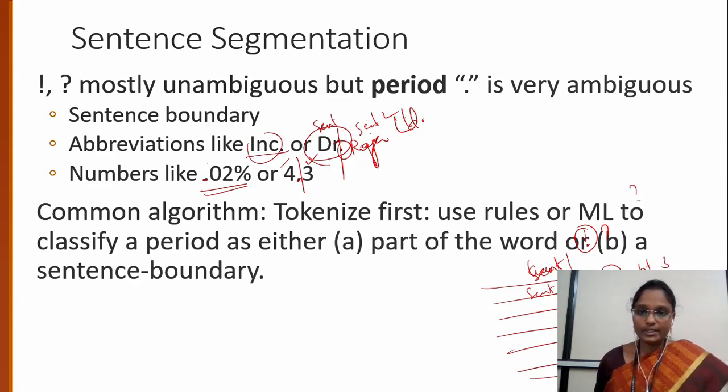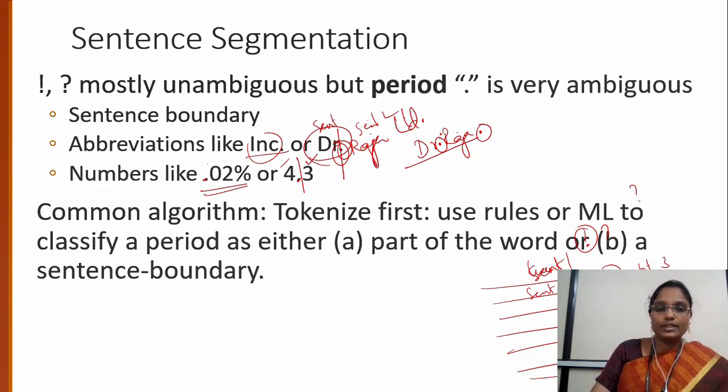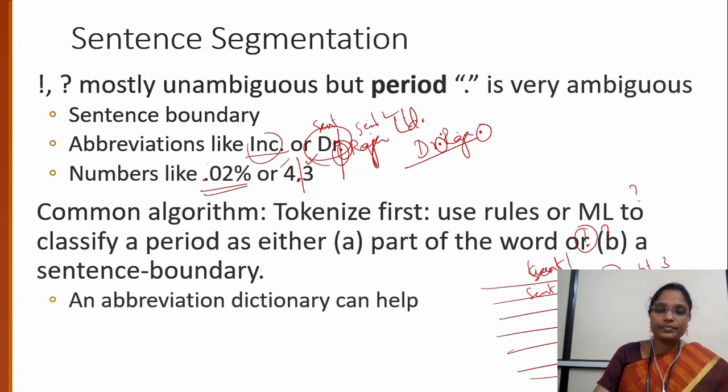First we need to identify whether this particular dot is part of the word itself, or it is a sentence boundary. Here in this case, this dot is different from this dot, so we need to identify that first.